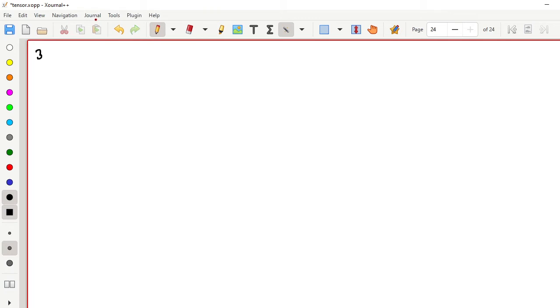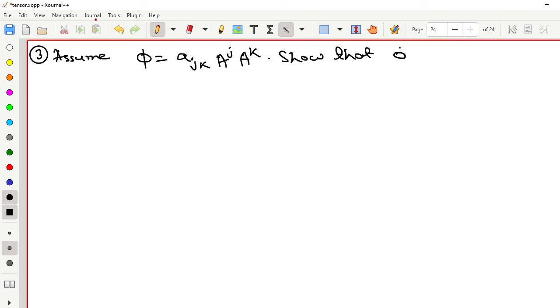Problem number 3. Assume phi equals ajk aj ak, so that phi equals bjk aj ak if bjk is symmetric.